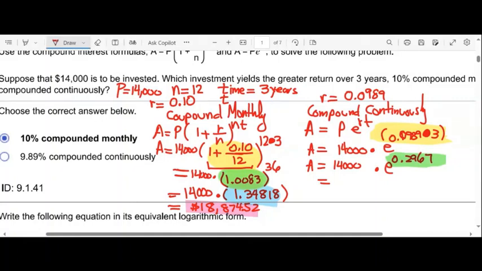Okay, can you do the E, Shift ln, right? Get the E, Shift ln, and put the exponent 0.2967.